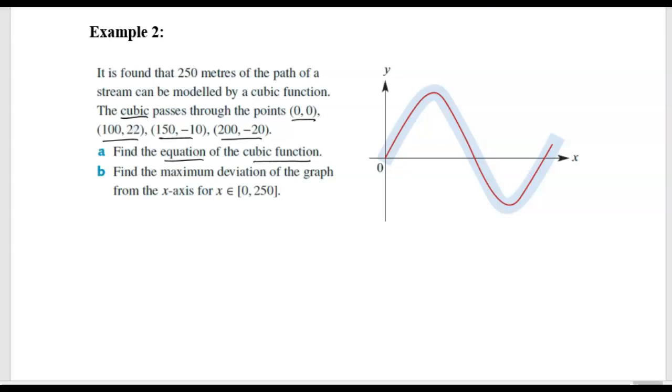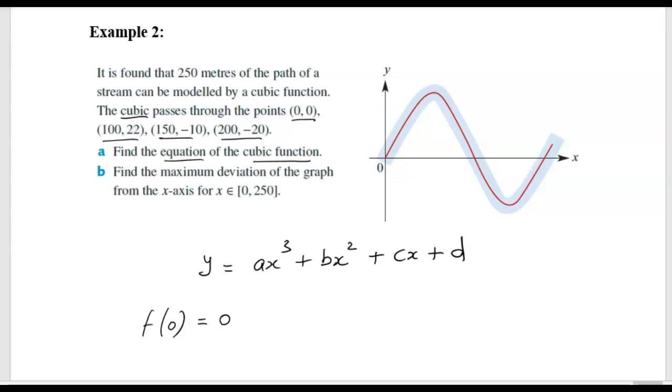So obviously we've been given 4 points, so we're going to take our cubic equation in the form of y equals ax cubed plus bx squared plus cx plus d. And we've got 4 points, which means when x is equal to 0, the value for y is equal to 0.